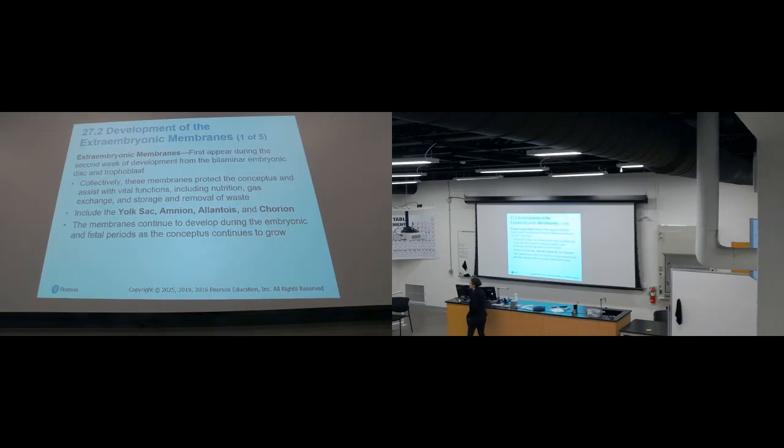Now, early in development, you also have to form the extraembryonic membranes that appear first during the second week of development from the embryonic disc and the trophoblast. These membranes help to bring nutrients and gas, and remove wastes from the baby.